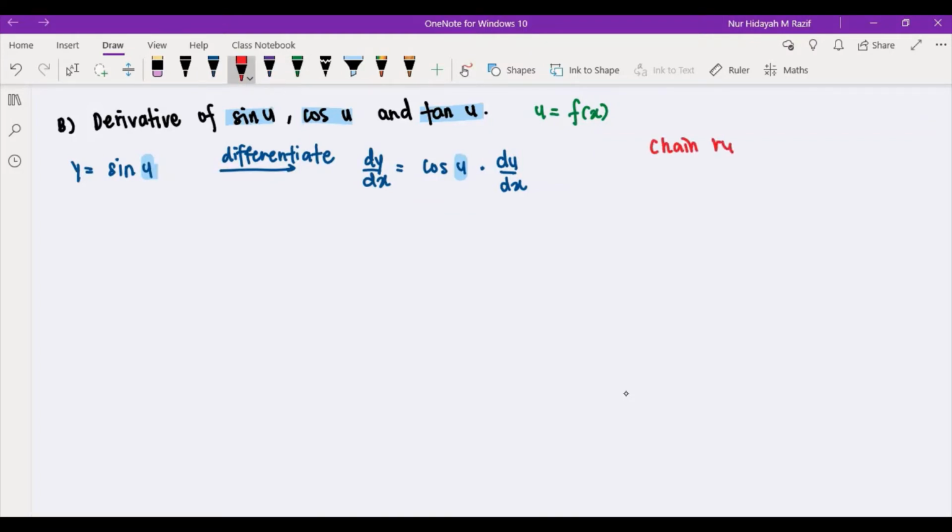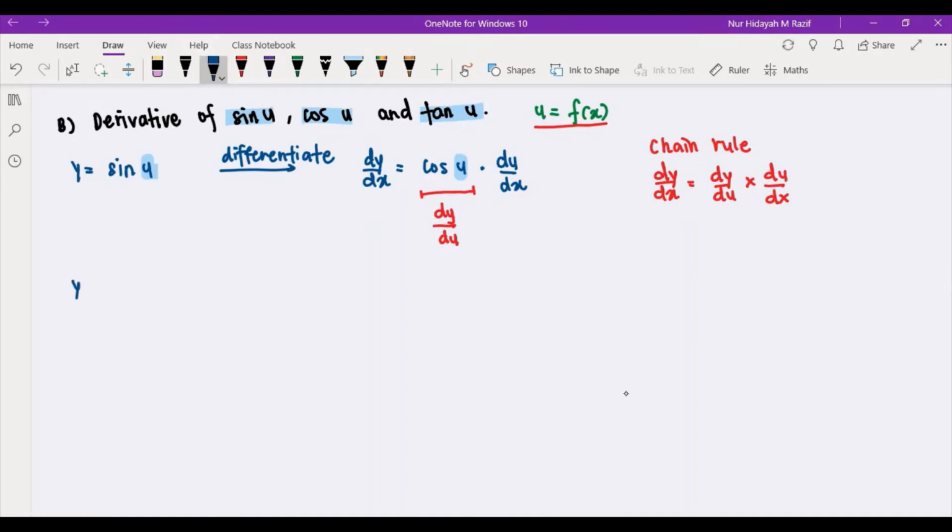If you recall, the formula for chain rule is dy/dx is equal to dy/du multiplied by du/dx. In this case, since I have y in terms of u and we know that u is in terms of f(x), then this is actually my dy/du multiplied by du/dx.